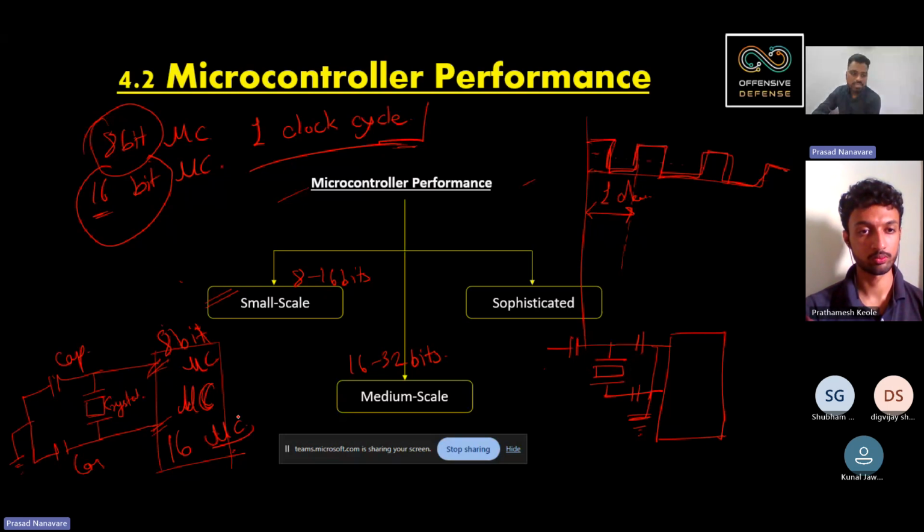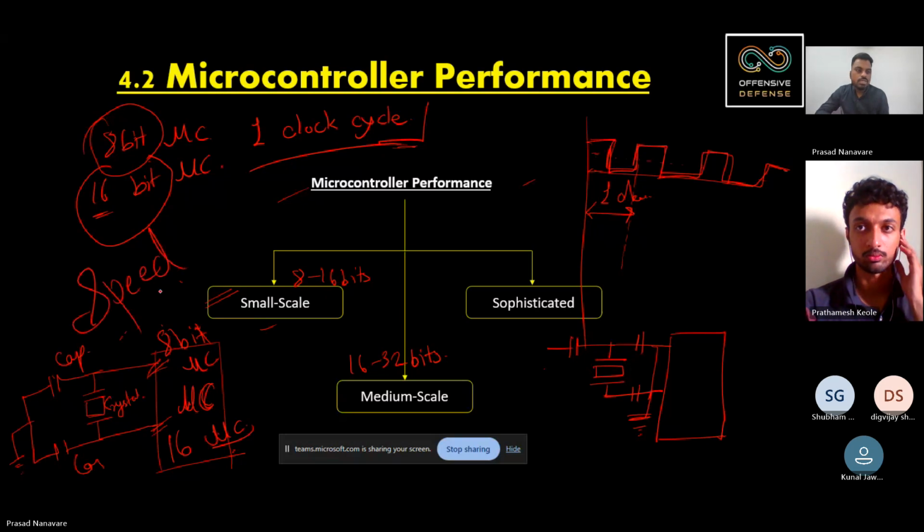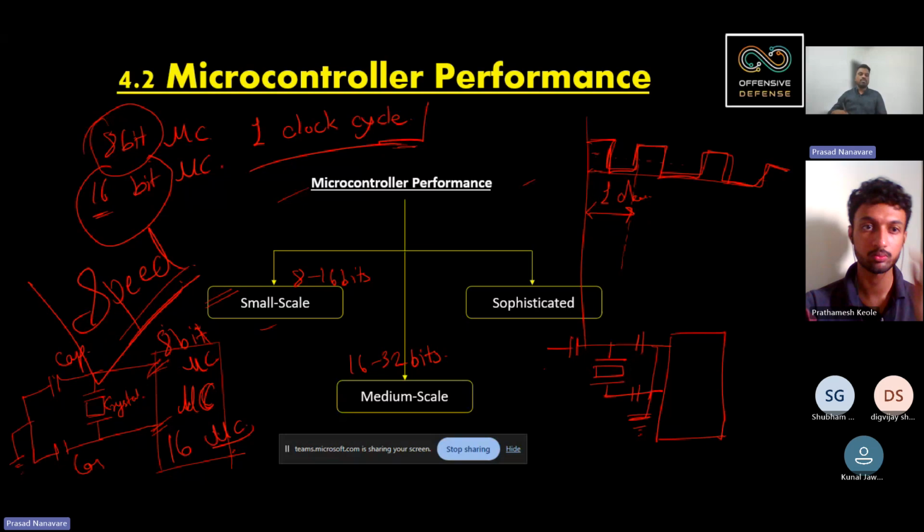Number of bits being processed means what is getting affected with respect to its operation? So we are talking about the speed of operation of our controller. Got my point? Is this clear, guys? This is very basic. Yes, sir. Okay, thanks for confirming.